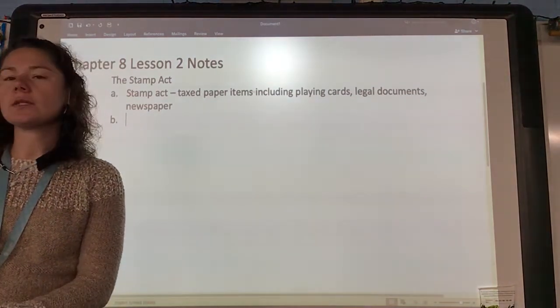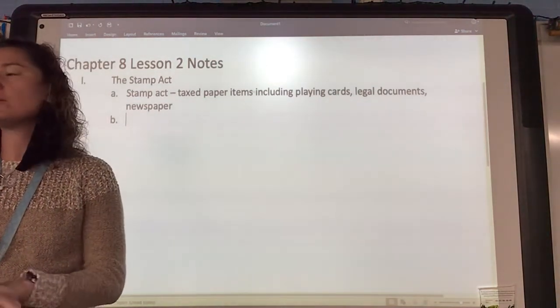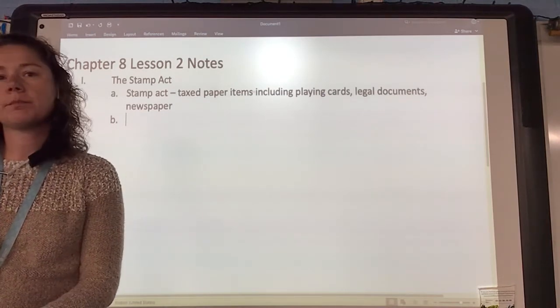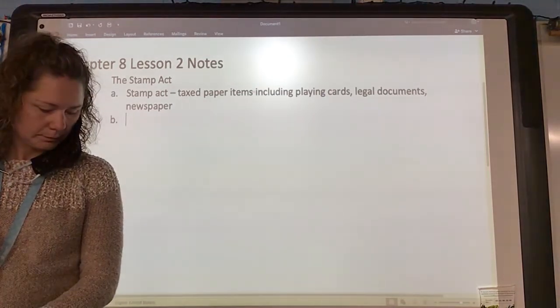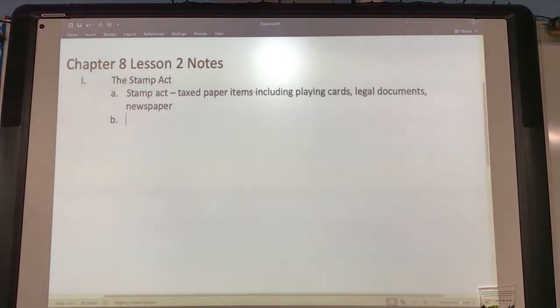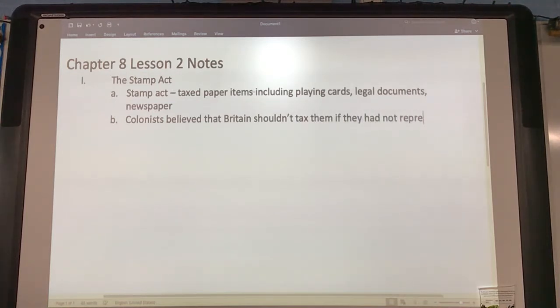So, the colonists were saying what? What could Britain not do to them? Kenny? They couldn't tax them if they didn't have their representative. Right. Colonists believed that Britain shouldn't tax them if they had no representation in government.